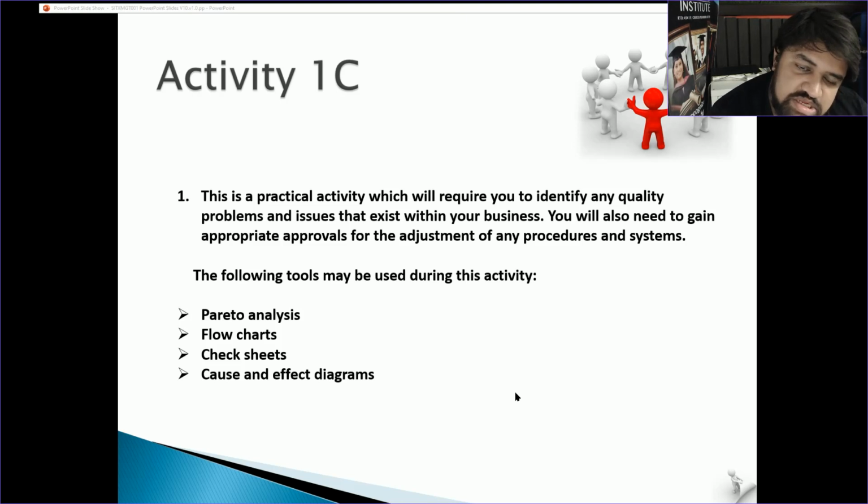You don't have to mention much, just mention what you've done, how you've used your flowcharts. So you could be using your flowcharts to show what sort of outputs you've had within your staff members, within your team. You could be using cause and effect diagrams to show what you did, such as in training or new equipment, and how it had an effect throughout the business and through your staff members.